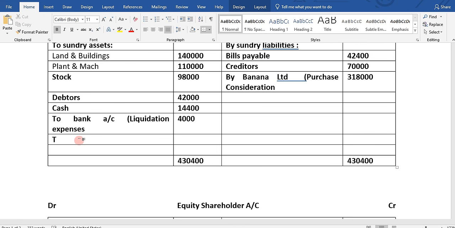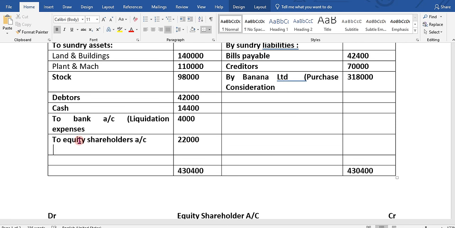So here we will write to equity shareholders account, that is 22,000, and this 22,000 is nothing but profit on realization.